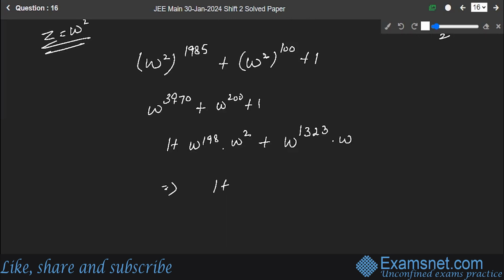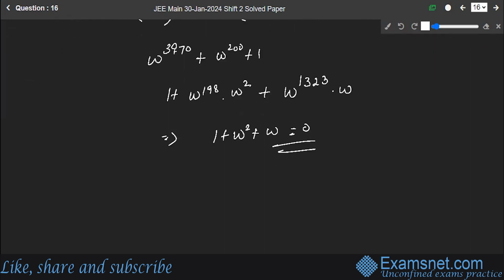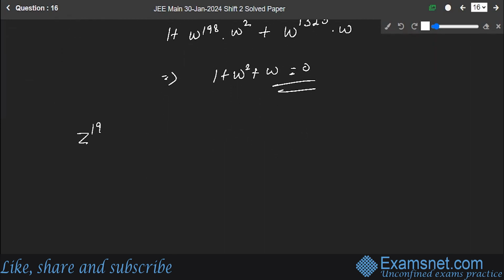This will be 1 plus omega square plus this, that's equal to 0. So this is also a root for this equation. So that means this equation Z power 1985 plus Z power 100 plus 1 is equal to 0 has omega and omega square as the roots.